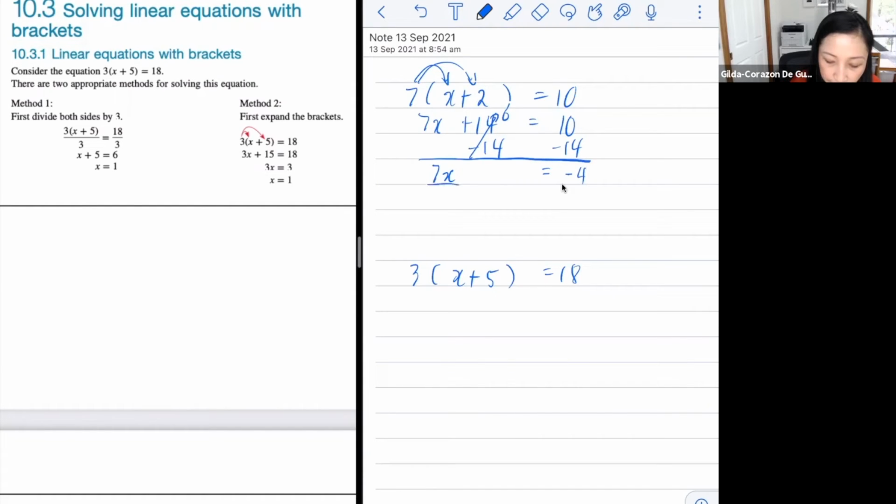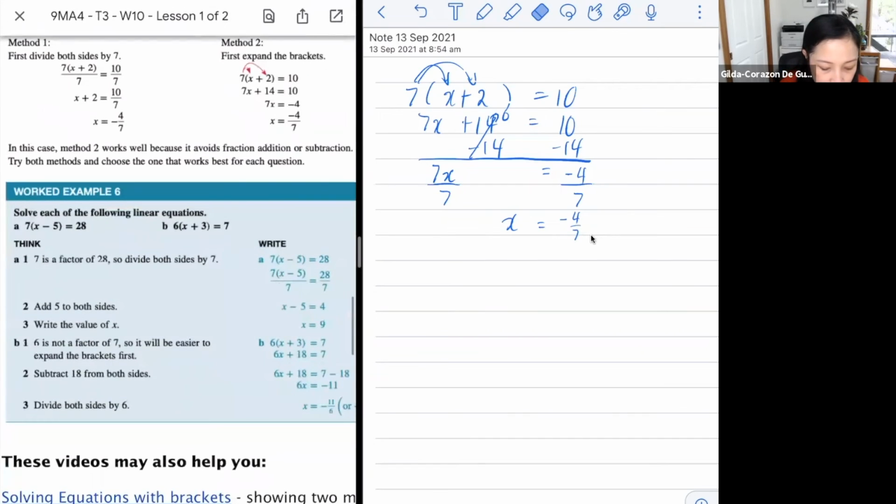You would want to divide both sides by 7, and therefore you get x equal to negative 4 over 7. So with that one, you would just need to leave your answer in fraction form, okay? You don't want to be writing that in decimal, because if you get the decimal value, then you will get a non-terminating number. So leave it as a fraction so you have an exact answer, okay?